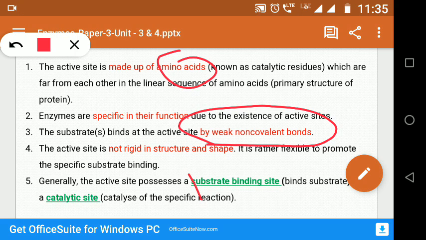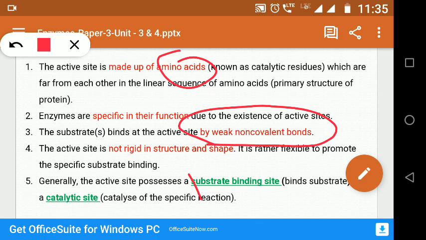Once the product is formed, that covalent interaction must be broken in order to release the product from the enzyme. That requires a lot of energy, and it is a time-consuming process. So the interaction between substrate and active site is by very weak non-covalent interactions only. It easily binds and easily dissociates, making the enzyme very fast.